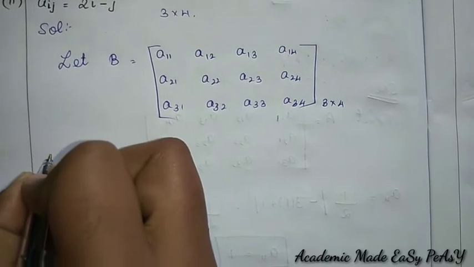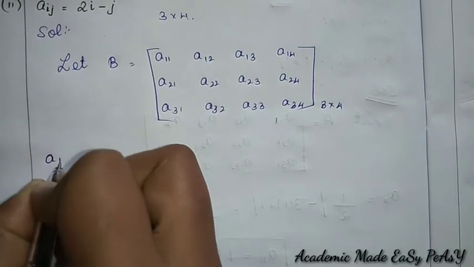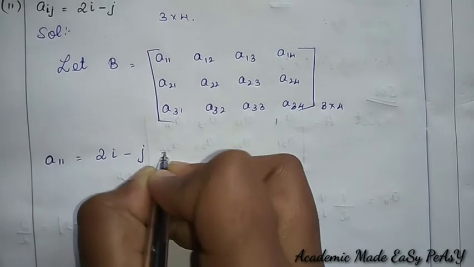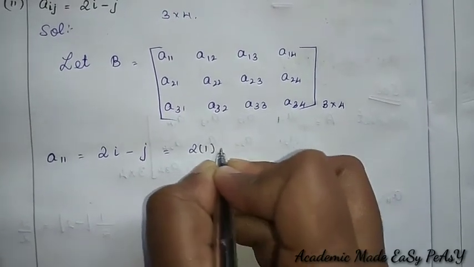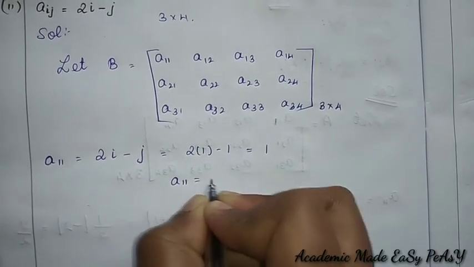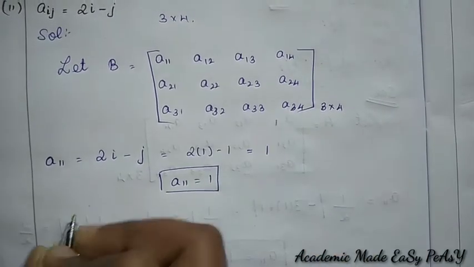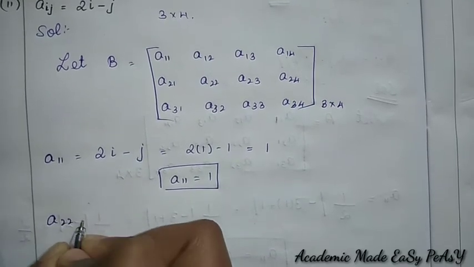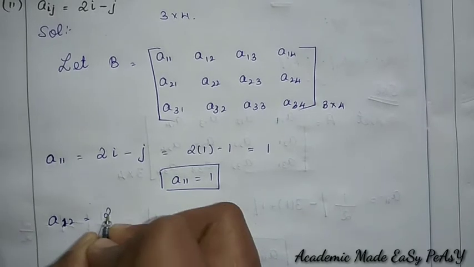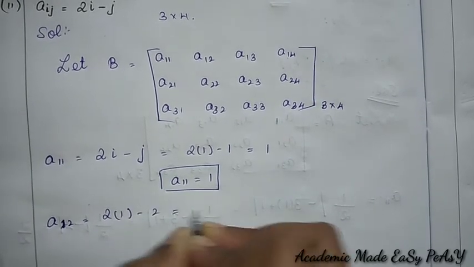So first I will start with A11. The given condition is 2i minus j. So 2 into 1 minus 1 is equal to 1. So A11 is equal to 1. Next I will move on to A12. So 2 into 1 minus 2 is equal to 0.